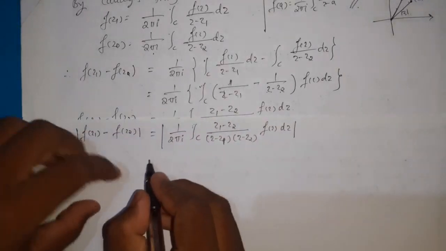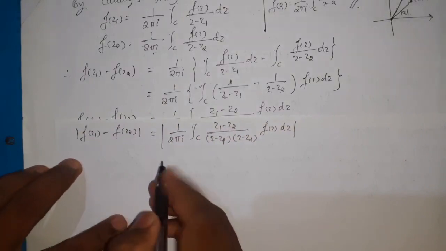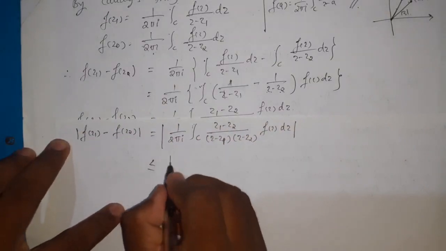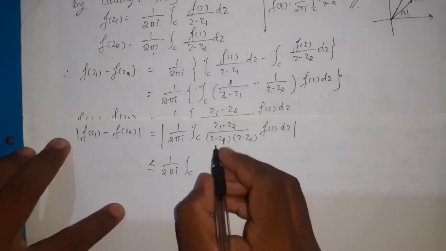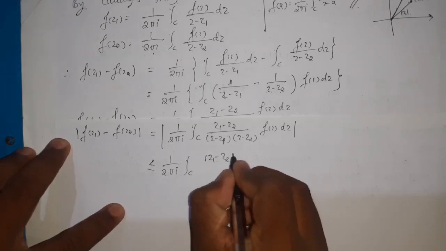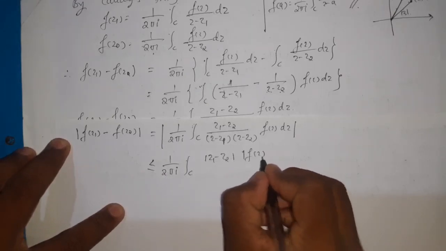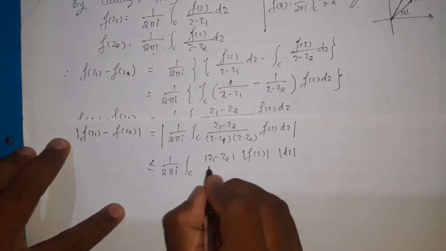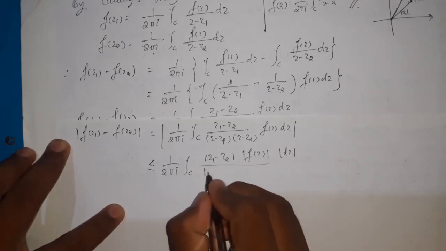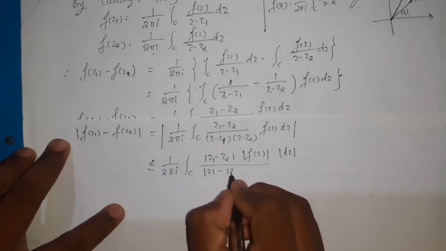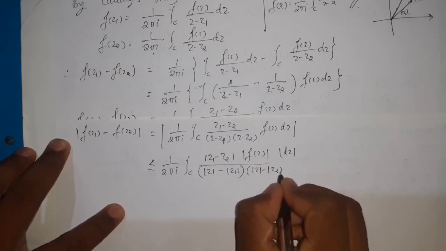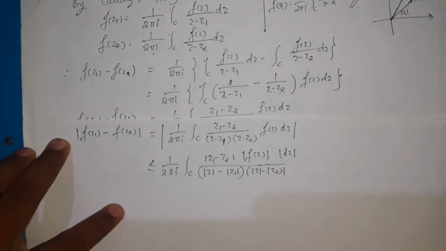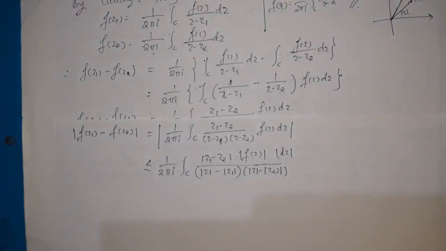Then applying the modulus separately, this inequality becomes less than or equal to 1 by 2 pi i integration over C mod z1 minus z2 mod f of z mod dz divided by mod z minus mod z1 and mod z minus mod z2. So applying the modulus separately for each and every term on the RHS.